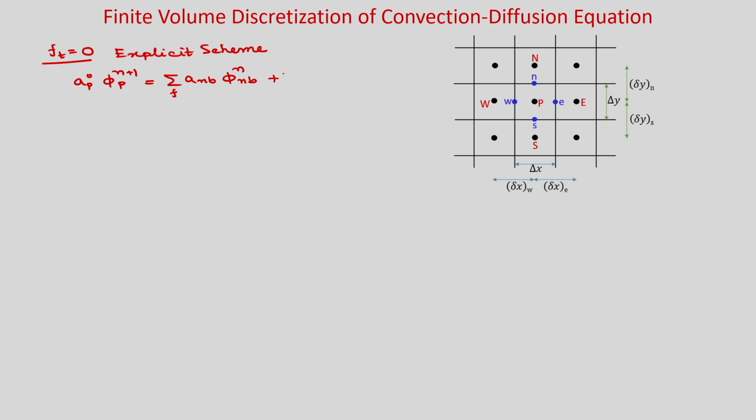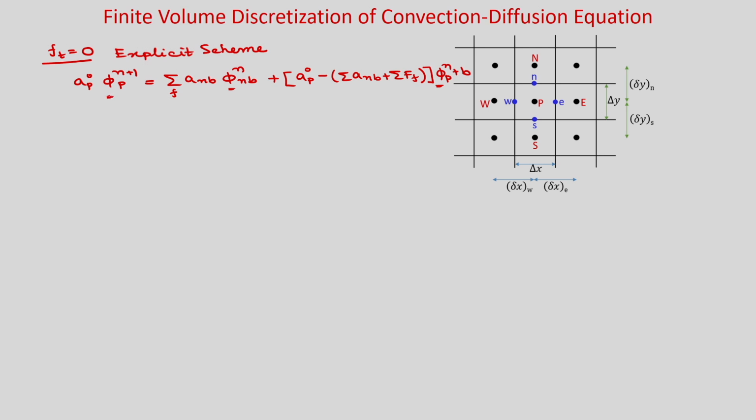So, you will get a p naught minus summation of a n b plus summation of f f, times phi p at n, plus b. You can see here that on the right hand side all terms are at the nth time level, so all are known from the previous time level, and on the left hand side you have phi p n plus 1.